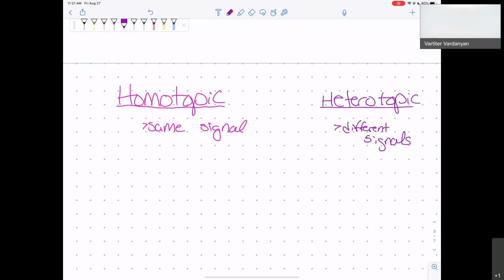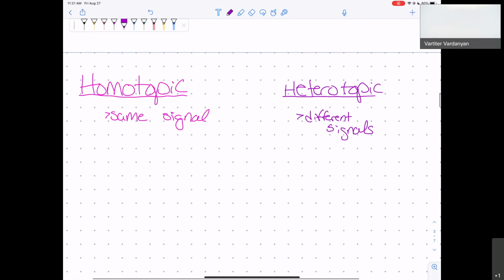Okay, so these are very vague terms, right? They're big umbrella terms. And an example I can give you is, let's say we have this, right? A simple carbon chain. I can have 1, 3, 3, 1, 2.